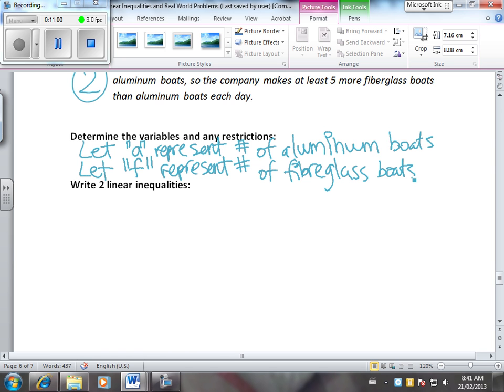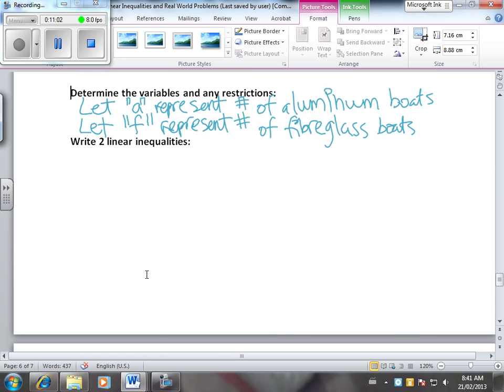Then we can write our linear inequalities, but first we should identify our restrictions.